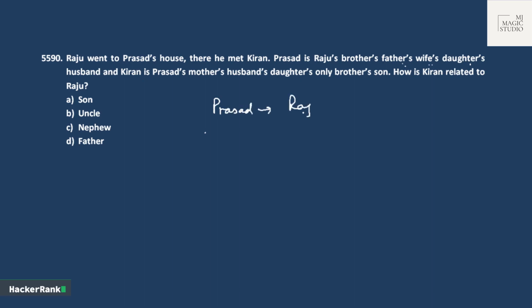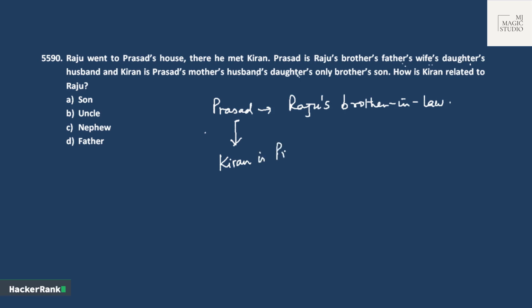Prasad is Raju's sister's husband, that means Raju's brother-in-law. Kiran is Prasad's mother's husband's, Prasad's father's daughter's, that means Prasad's sister's only brother's son, that means Prasad's brother's son.